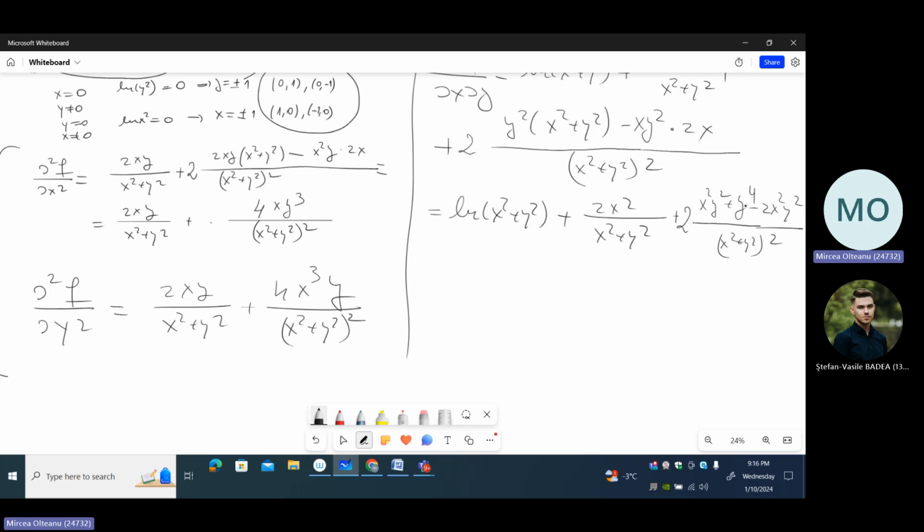So finally this will give us y at 4, which is a little bit strange because it must be somehow symmetric in x and y.